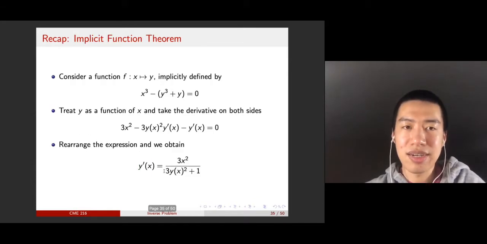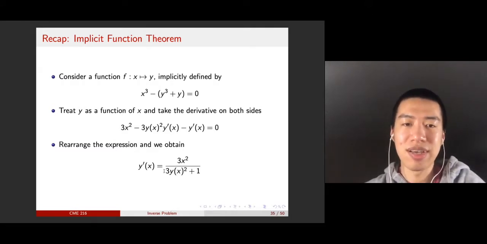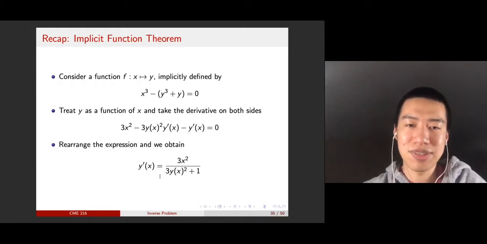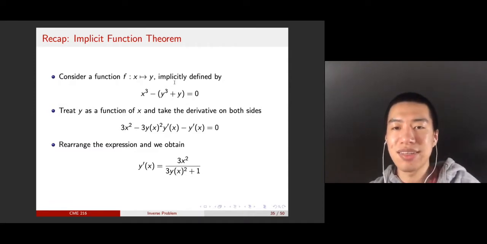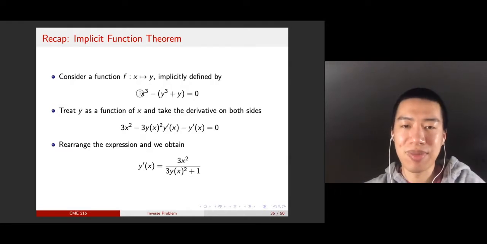Let's consider the implicit function theorem, which is maybe in your first year or second year calculus. In this case, you have a function f which maps x to y, and it is implicitly defined by this formula.